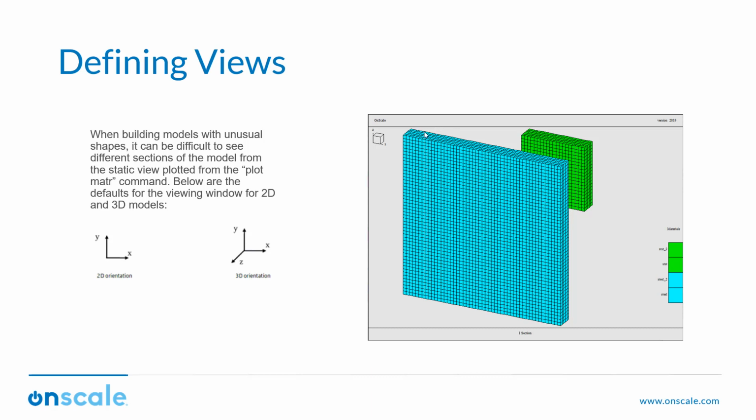Well, suppose that I still want to see the mesh, or I want to have a nice screen capture. There are some ways to change the orientation, for either a 2D or 3D model. Note that you have the small coordinate system displayed here, which shows you where the X, Y and Z axes are. So let me show you how to change the view.